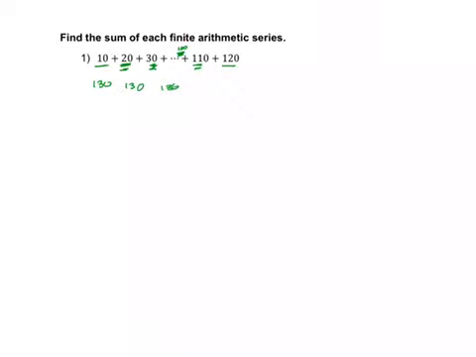So when I have an arithmetic series, I can use the following formula; let's call this s of n. The sum of the n terms equals n over 2 times the first one plus that last one. In this case, I need to find what n is.